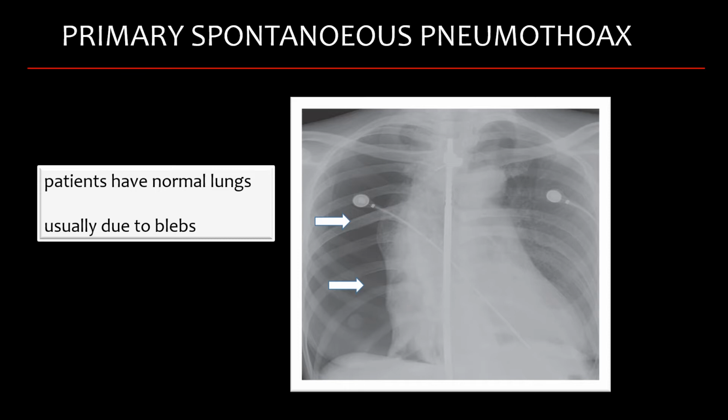So you can see a classic pneumothorax here, and this is a large pneumothorax, as is quite obvious, and this is a supine film, and there's a rod in the center pertaining to deformity of the spine, and often these primary spontaneous pneumothoraces are associated with spinal deformities.